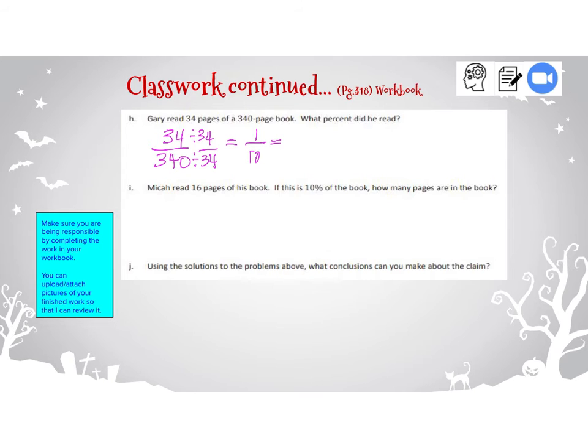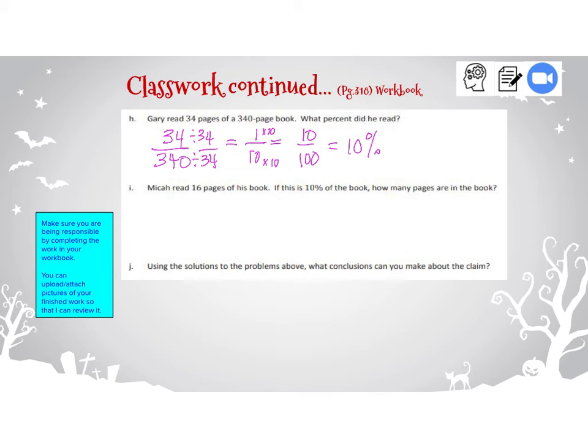So what percent did he read? Well, 1 out of 10, or times 10 times 10, I get 10 100ths, which is equal to 10%, because we've been writing fractions, ratios, decimals, and percents. Oh my gosh, you've got so many skills.